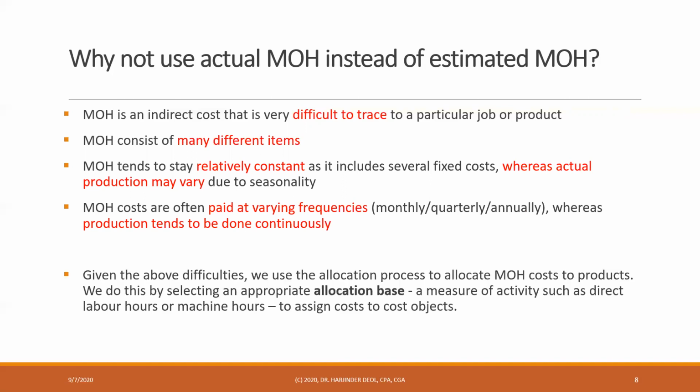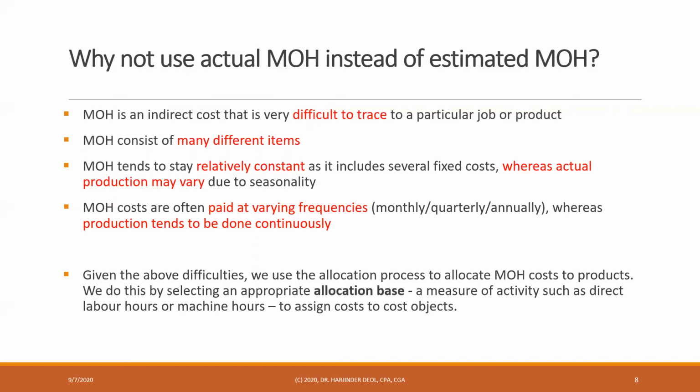So considering the above difficulties, the preferred approach is to use the allocation process, whereby we allocate or charge manufacturing overhead costs to various jobs or products. And this is done by choosing an appropriate allocation base, which is essentially a measure of activity to help assign those costs to various cost objects.